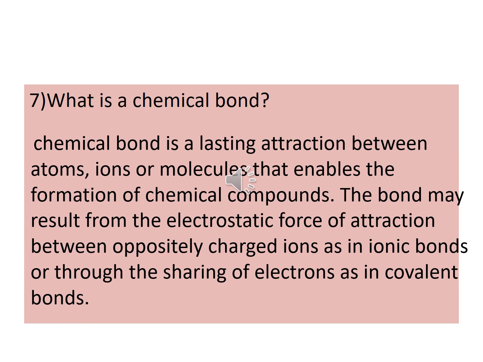Now you write the next question. What is a chemical bond? It is on page number 48. Chemical bond is a lasting attraction between atoms, ions or molecules that enables the formation of chemical compounds.